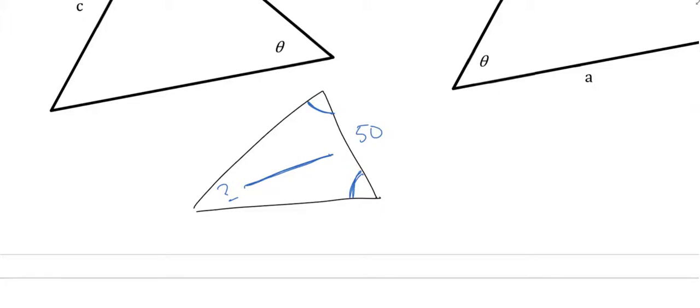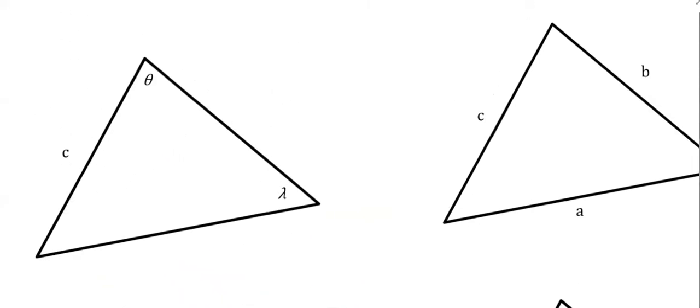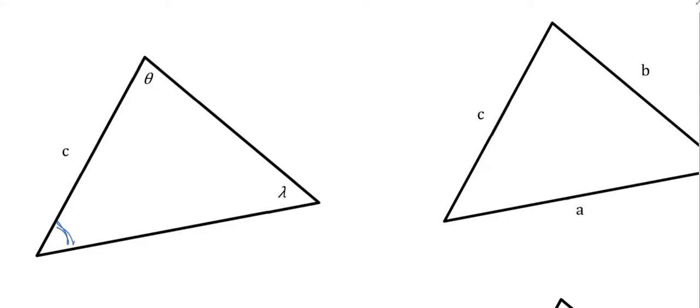And that's always the trick for sine law. So again here, I've got an angle and a side length across from it, so I'm using sine law. And there's only one thing you can find as well, and it's whatever is across from the other thing that you're given. So in this case, I could find this angle too, but using these, I can find that side length. That's it.